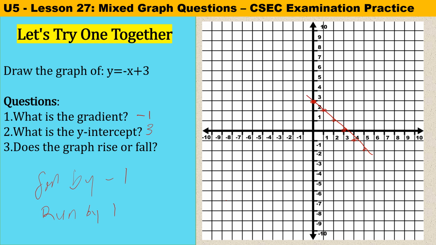Now, if you want to check if it's correct, you take a point from your graph. Let's say we are at positive 1, positive 2. So x is 1 and y is 2. So when x is 1, y is 2, you're going to take your equation to prove this.